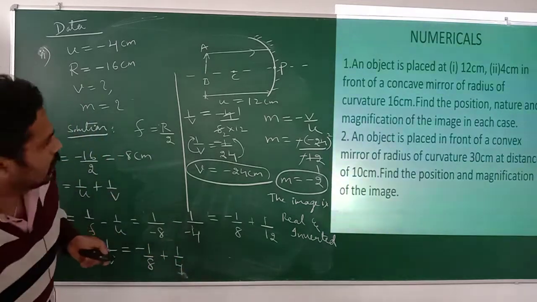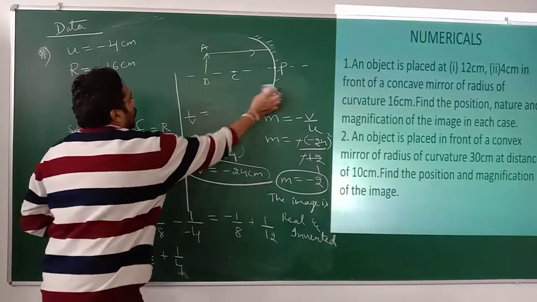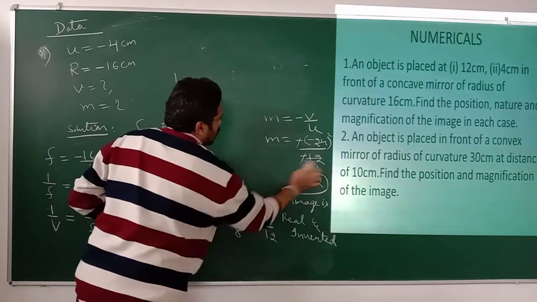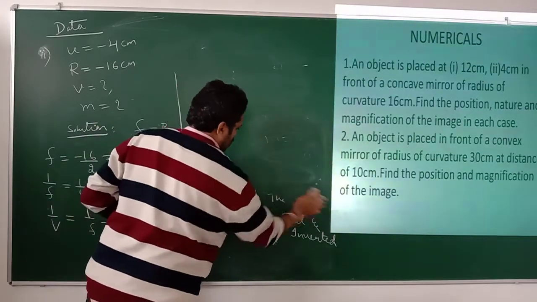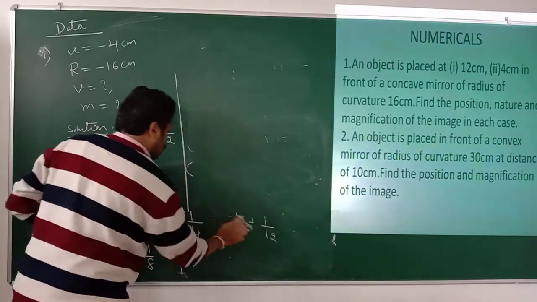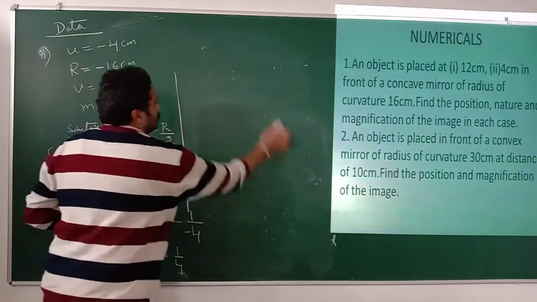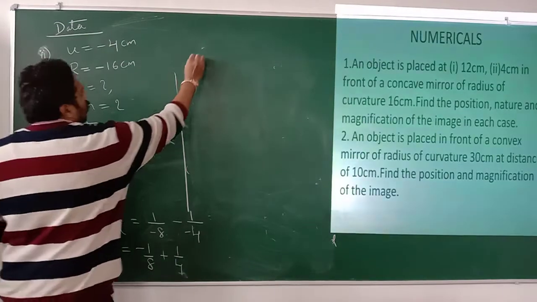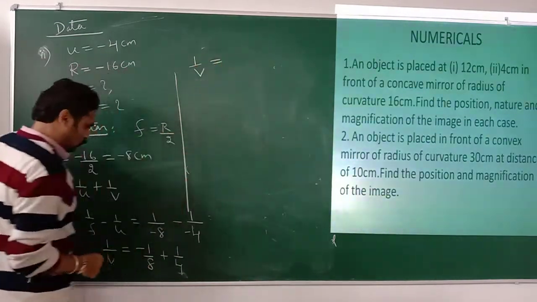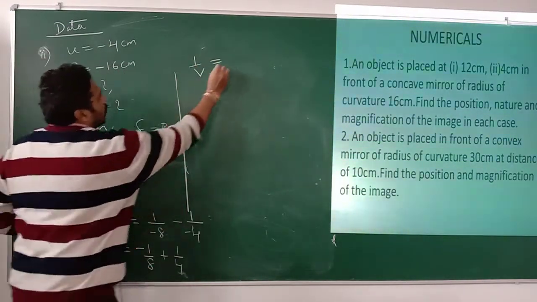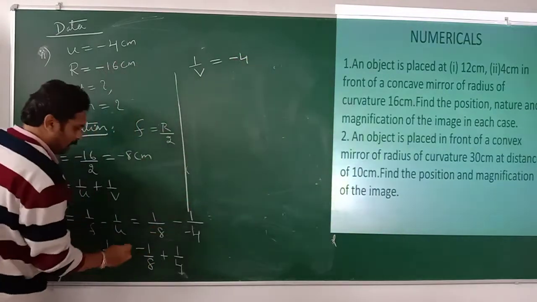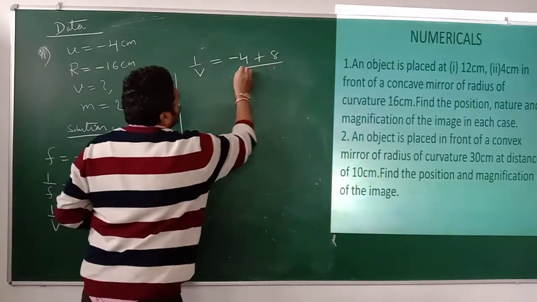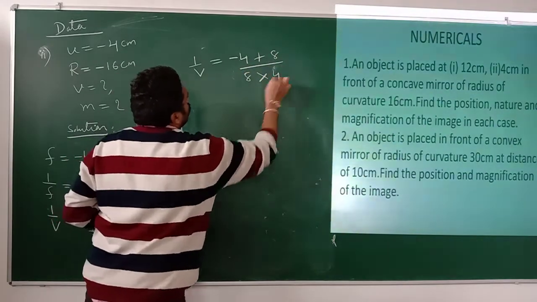Now once again cross multiplication. 1 by V is equal to minus 1 into 4 plus 1 into 8, divided by 8 into 4.